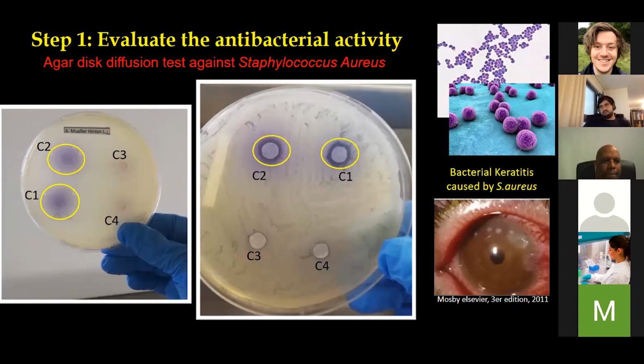So you culture your bacteria, and then you place some discs, you can see here, with different concentrations of the drug you want to test, in our case, genipin. Then you allow the bacteria to grow, and you go back after usually 24 hours and check whether there are any areas without bacterial growth. So I hope you can see that in these two concentrations, there is some area with no bacterial growth.